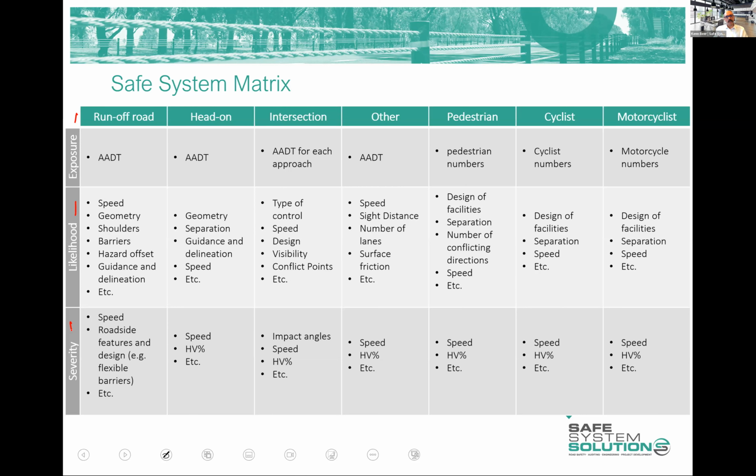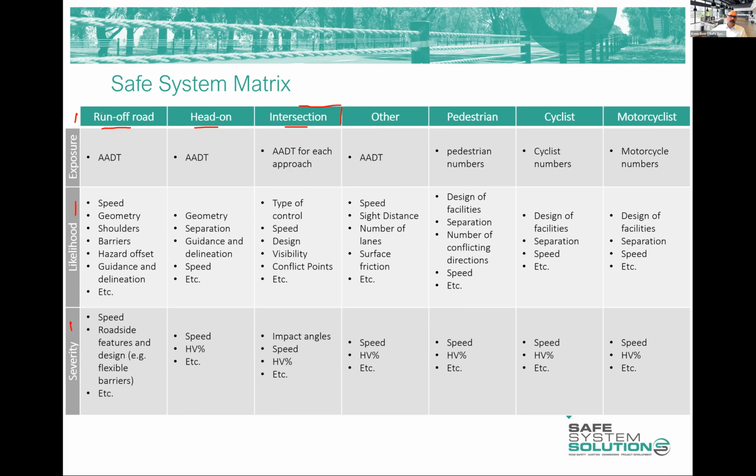But across the top, the columns, are all crash types. So we see the run-off road crashes, head-on crashes, and intersection crashes. These are for vehicles.